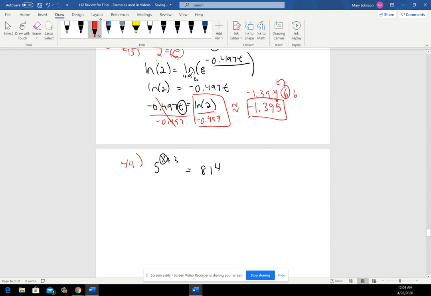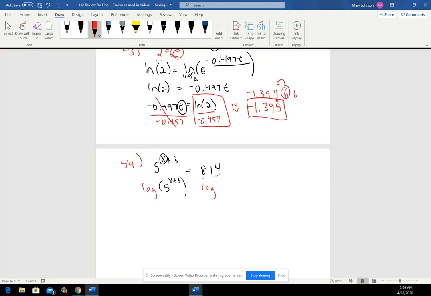So on this one, I can see 5 would go into 814. There's no point in trying to get the bases the same. So what we learned to do is come over here and do the log of both sides. And there's no real advantage to a particular base, because that approach will work for most folks, no matter what your calculator.